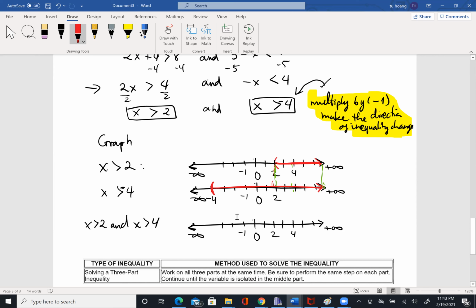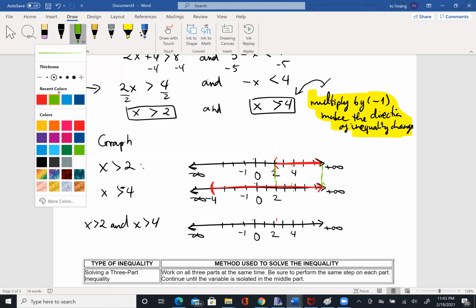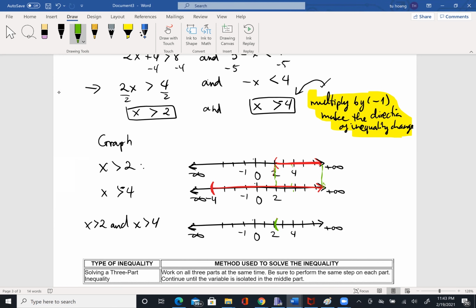So then the solution should be the set from 2 to positive infinity. So this is greater than -4.